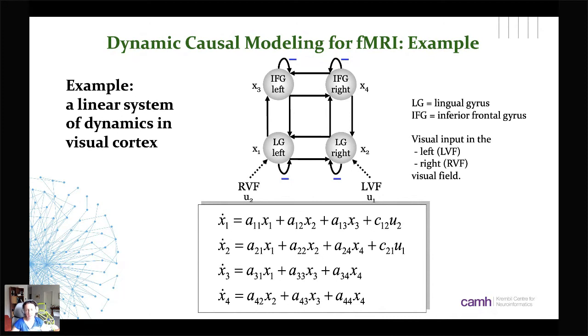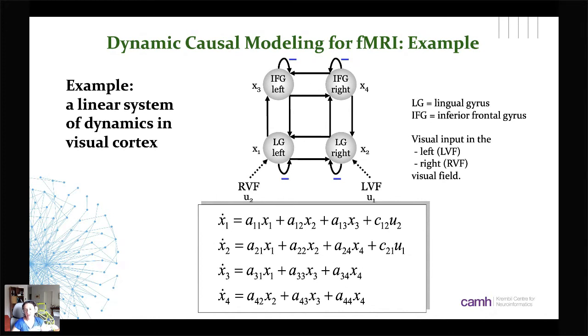So if the activity in each area is represented by one number, then we can compute the derivative, which is a change in activity in time, as a linear combination of influences from all the other connected regions. Okay, so this is reflected through the A matrix. This is what I was referring to as changes in endogenous connections or connectivity.